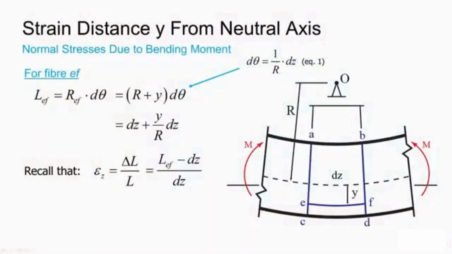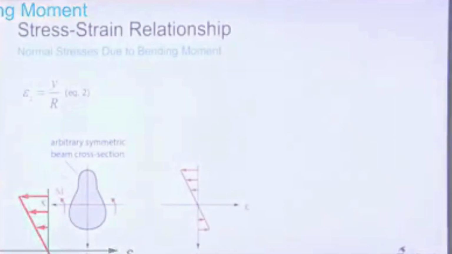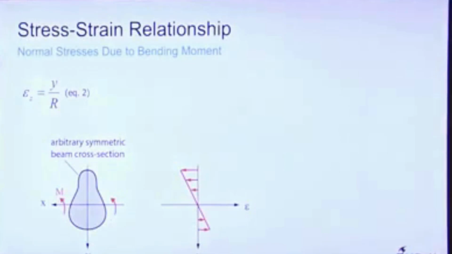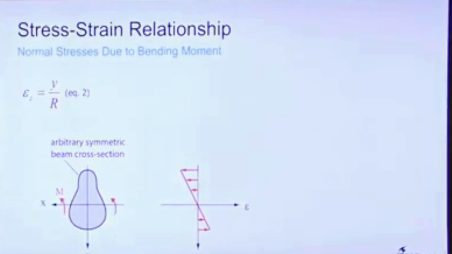So if we substitute these results in, we get that our strain in the axis of the beam in the z direction is equal to y over r. Okay? The strain is linearly proportional to the distance from the neutral axis. If we plot that, we see that we get this nice linear strain distribution with the distance from the neutral axis. Tension on one side, compression on the other.